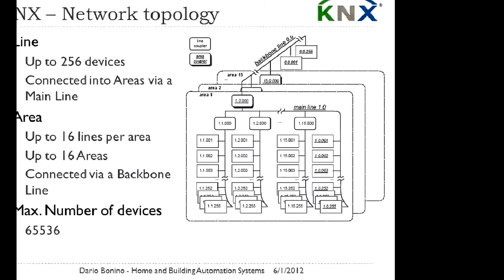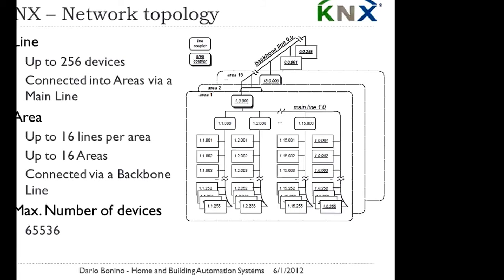Okay? While the last number, which is the third, because they are always three numbers, can range from 0 to 255. Okay? So 256 devices per line. Then we can have 16 lines that form one area. So the second number can range from 0 to 15.